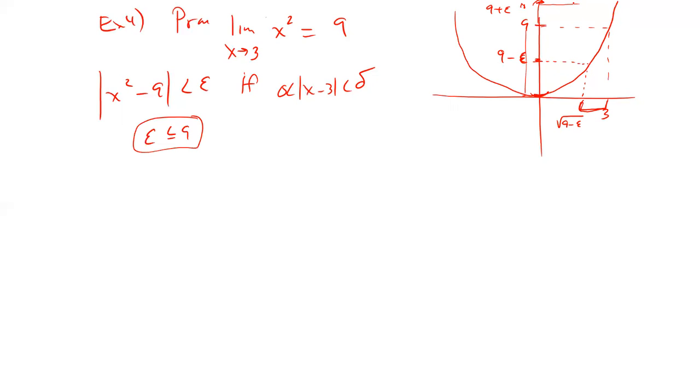The piece on this side is going to be the square root of 9 plus epsilon. And my range here is going to be 3 minus the square root of 9 minus epsilon. My range here would be the square root of 9 plus epsilon minus 3. There it is. It's how far I'm extending my delta.